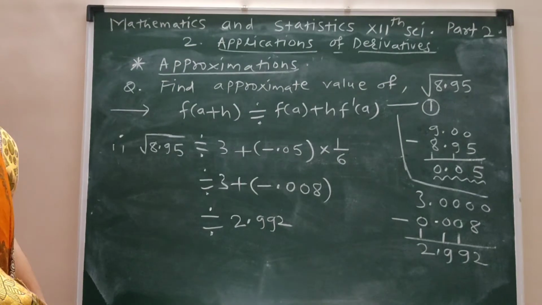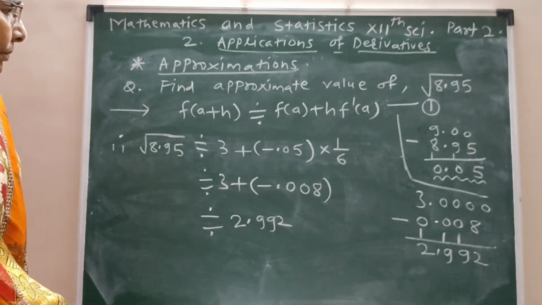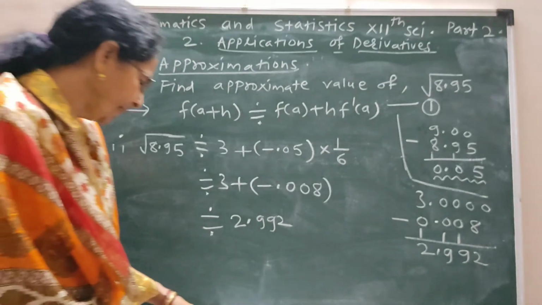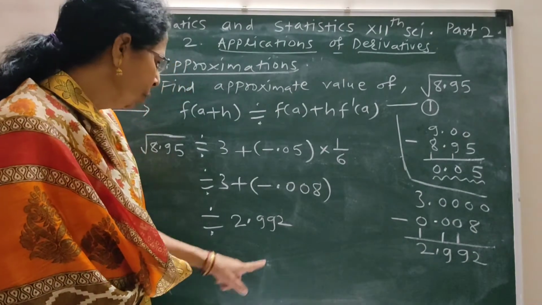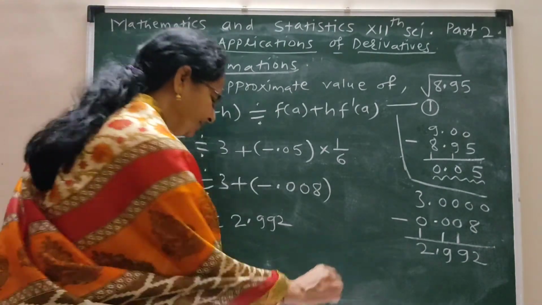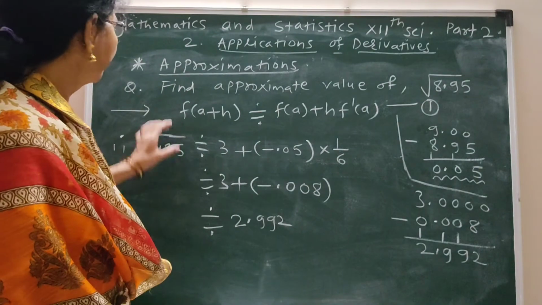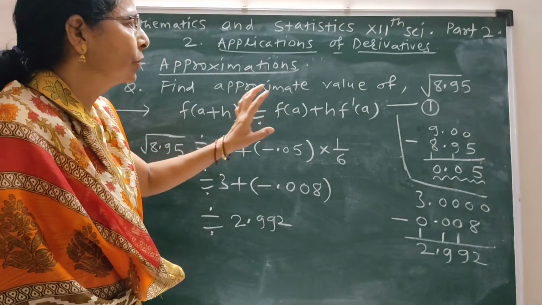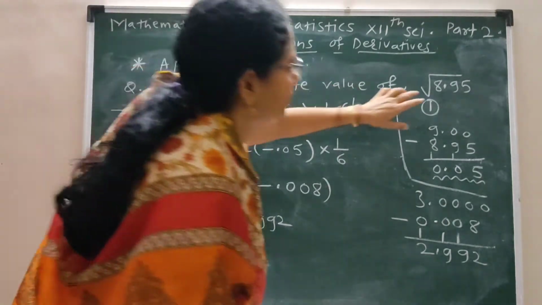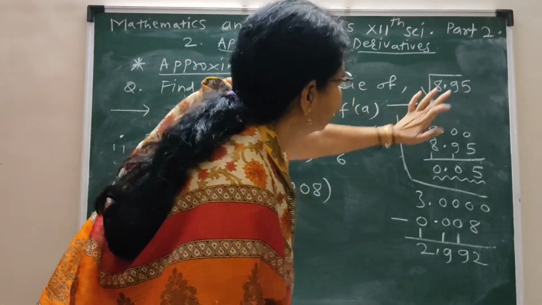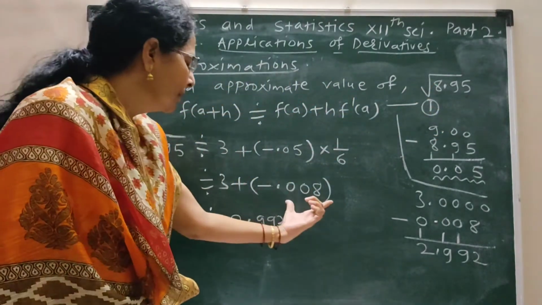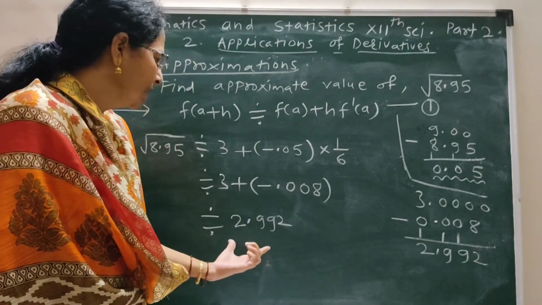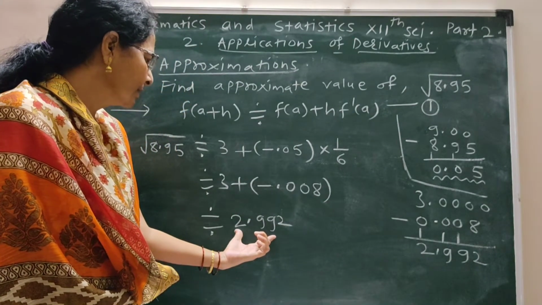Write the right formula, take proper a and h so that their sum with signs is this value. Do proper calculations and you get the answer.